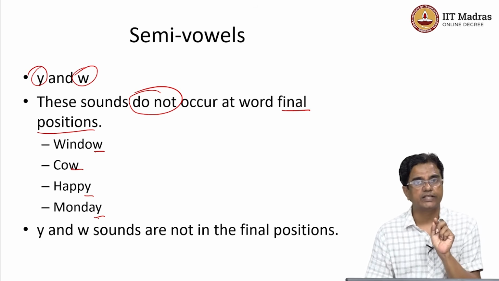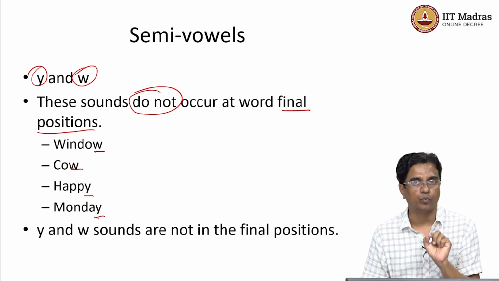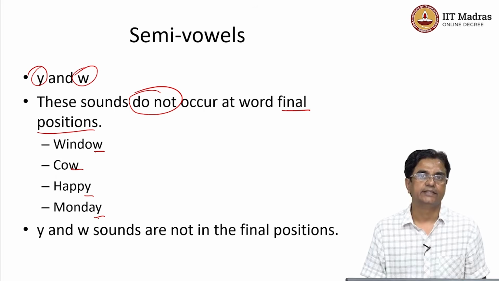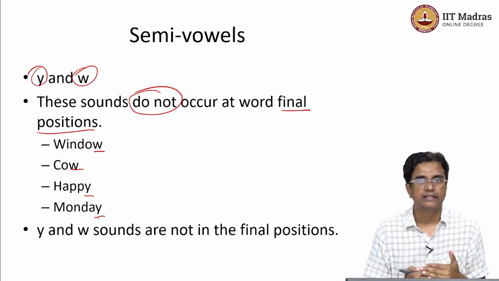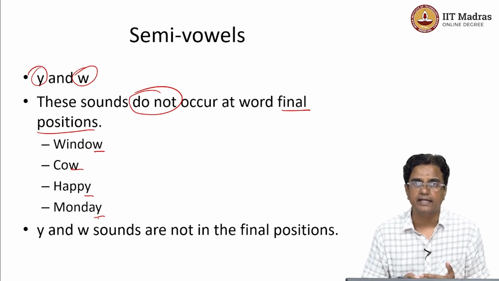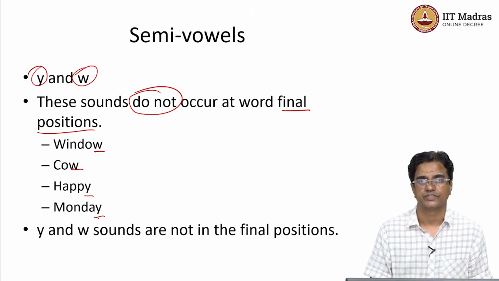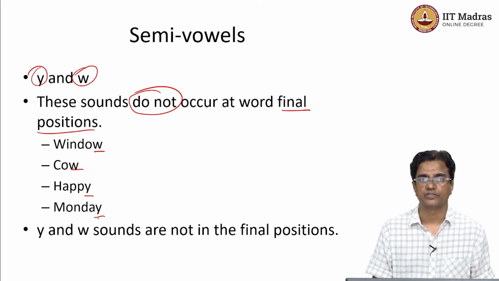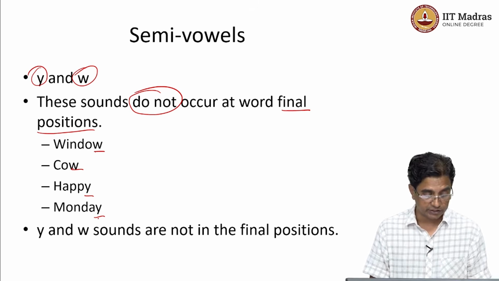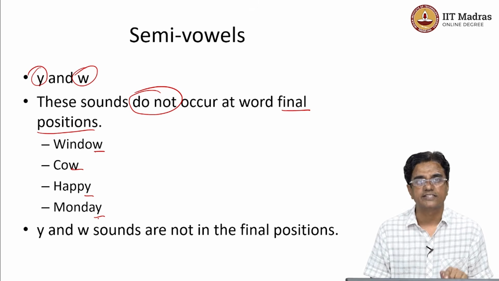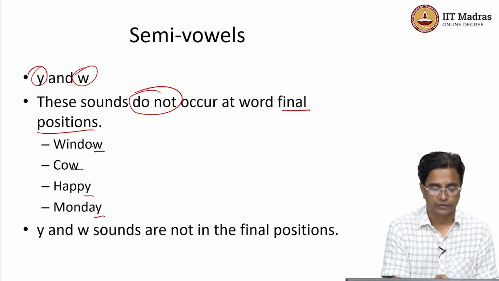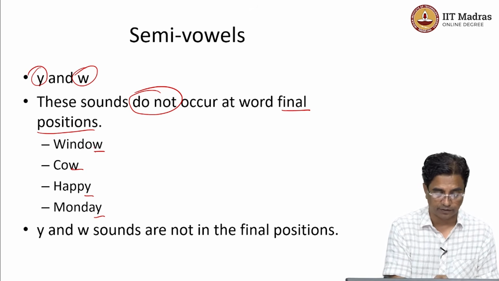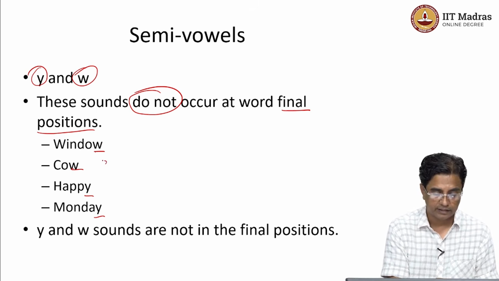The question is not whether they end with W or Y in their spelling. If you have understood, you do not need further explanation that we are not talking about the spelling of a word, we are talking about sounds. And in these words also, there is no semi-vowel sound at the end. In the word window, you have a diphthong. In cow, you have a and u.